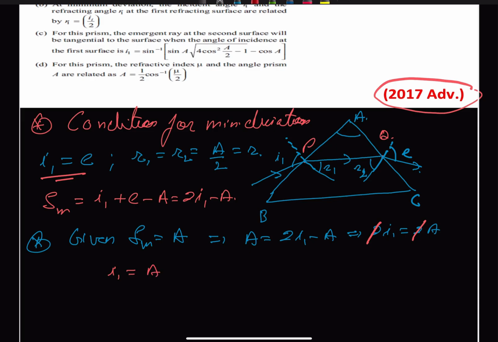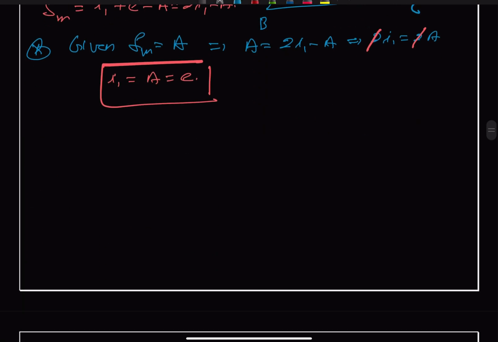Obviously that will also be equal to the angle of emergence. All these three will be equal. And we know that R1 is equal to R2 is equal to A by 2. So from here we can write that R1 is equal to R2, suppose R, and is equal to A by 2, and now A is equal to I1.